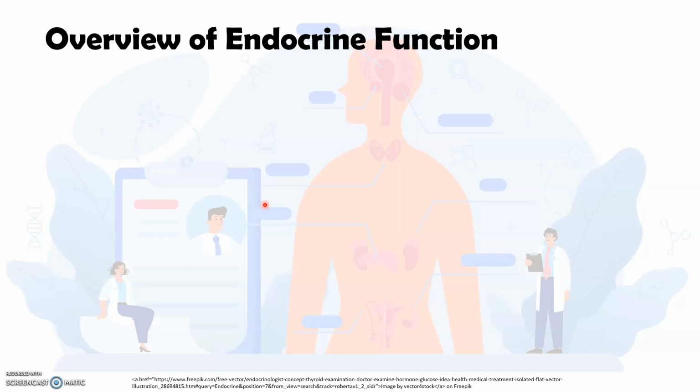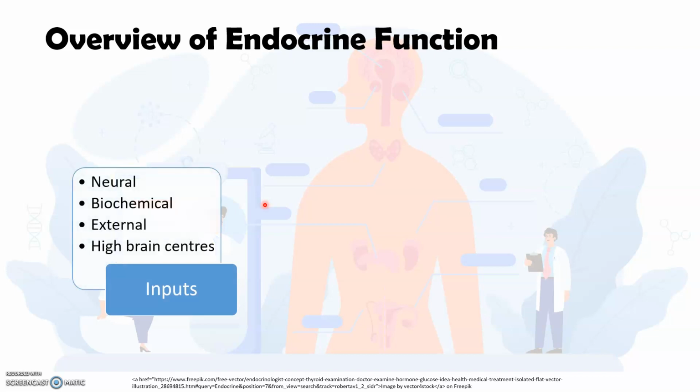Let's think about how the endocrine system works. Well, we start with inputs. And these inputs could be from, for example, the autonomic nervous system, from biochemical changes within the body, from external sources such as injury or illness, or via the pineal gland through the hypothalamus from the higher brain centers.